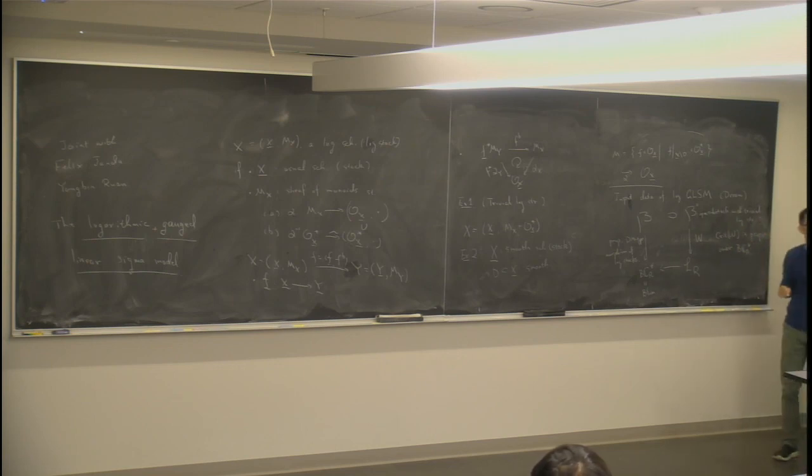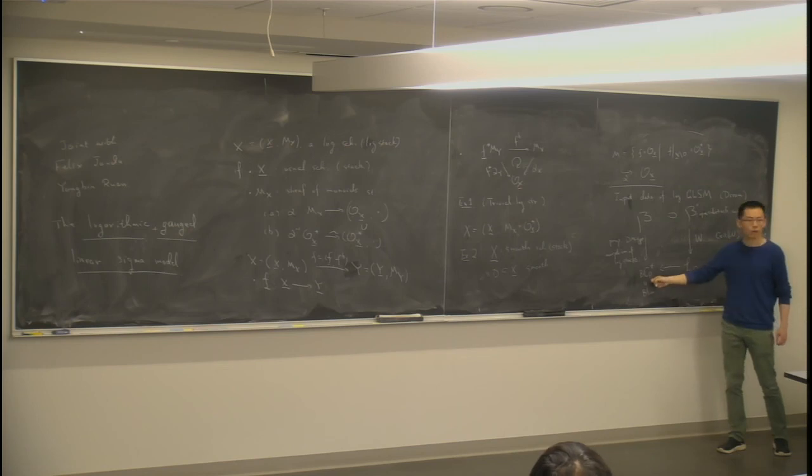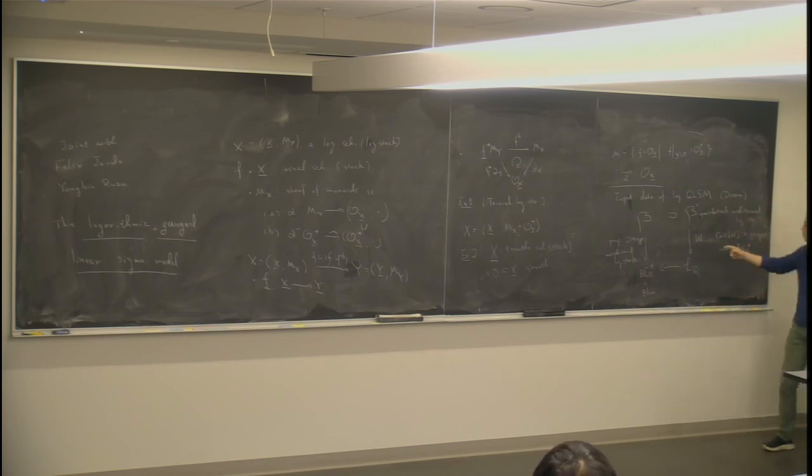What's L_R again? This line L_R is the universal line bundle over BG_m. So this one is what we call a superpotential.